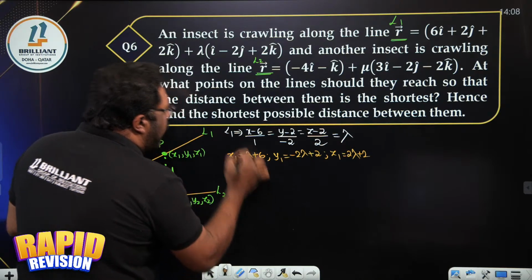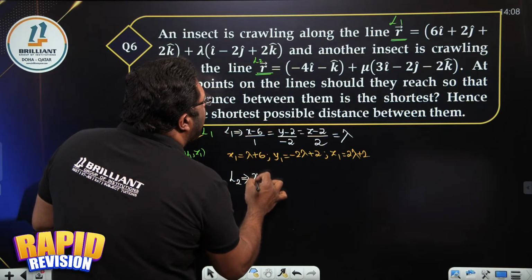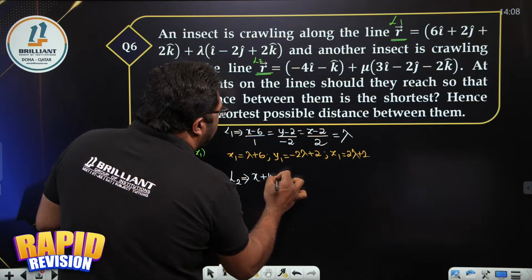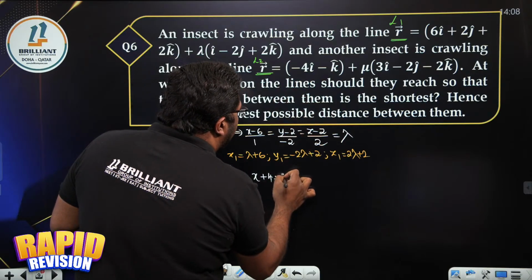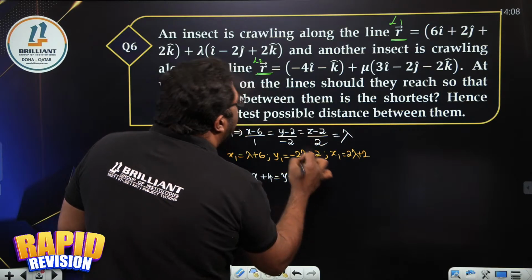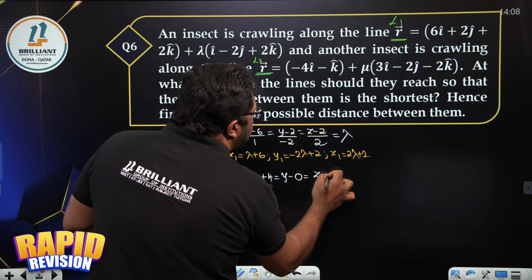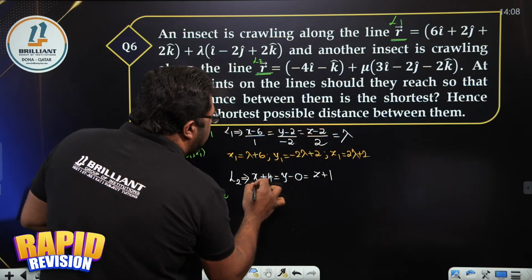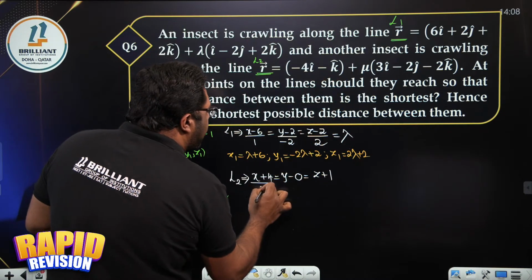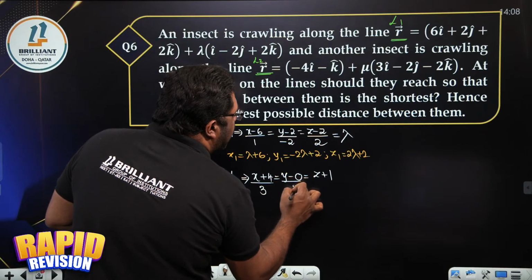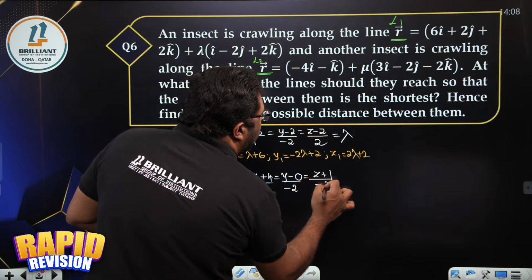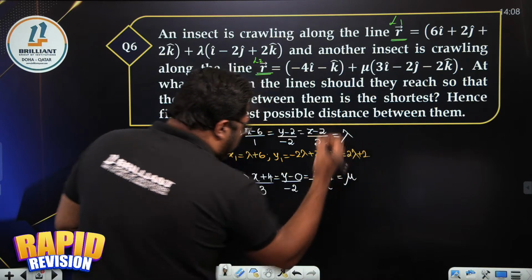Line 2 says the equation is x plus 4, there is no j so y minus 0, then minus k so z plus 1, divided by direction ratios 3, minus 2 and minus 2. Let me call it mu.